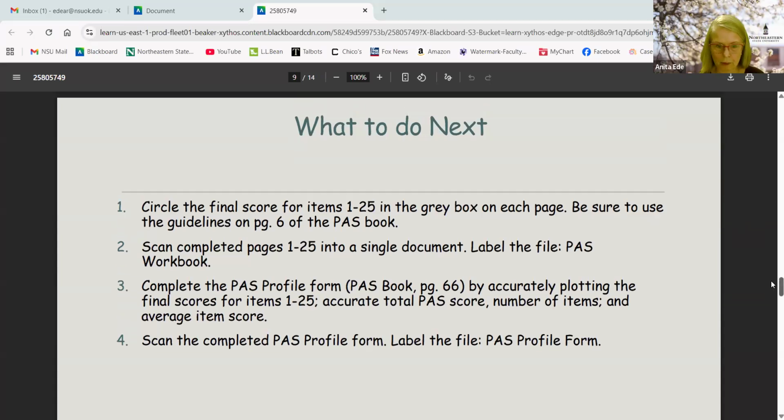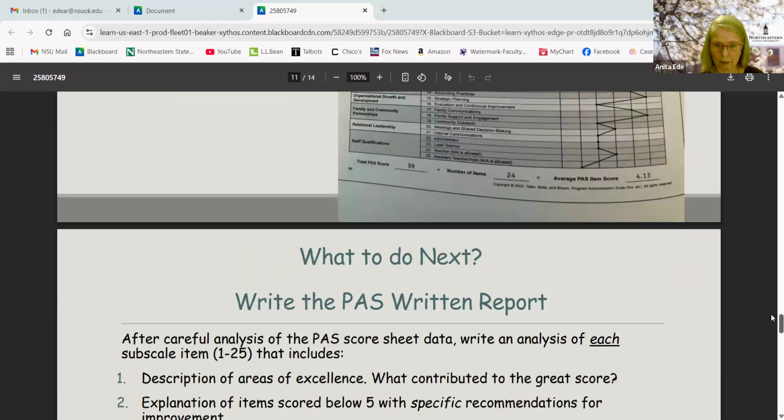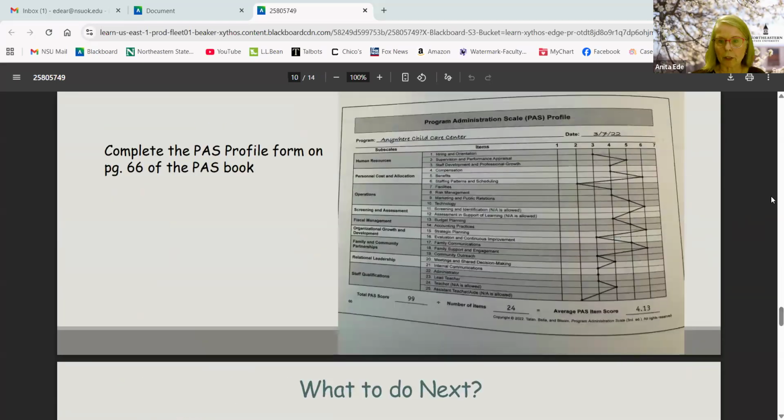I'll show you one. There it is. This is the profile form. You're going to take all those little numbers that you came up with. Number 1 was 3, and this one was 5, and this one was 2, and so forth. And it's going to look like a zigzag.